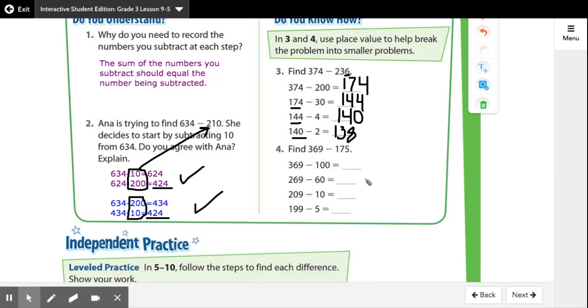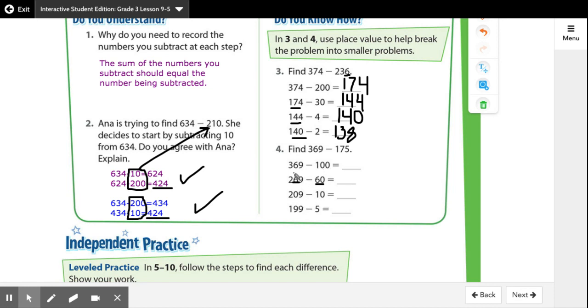Okay? They did that same thing here. In this one, they didn't subtract 70. They broke up 70 into 60 and 10, because they saw that there was a 6 here in the tens place, so they were going to subtract that part of the tens next.